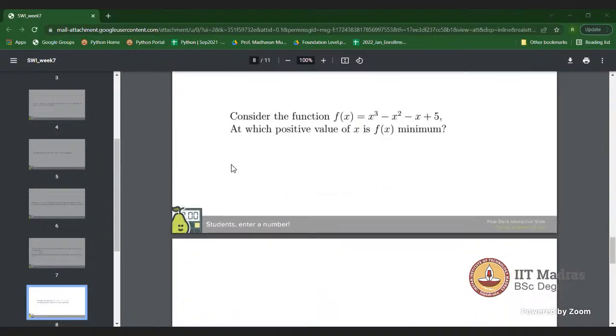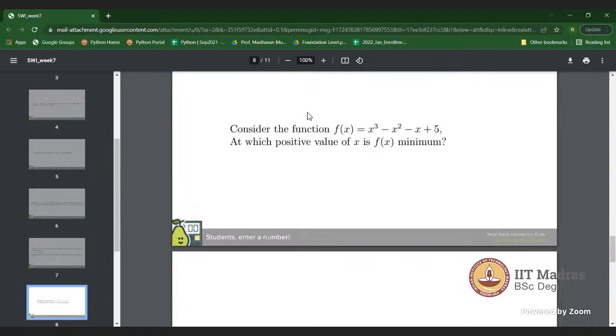Yes, sir. So what is the value where f of x is minimum? So 1, 1. So just 1 minus 1 minus 1 plus 4.